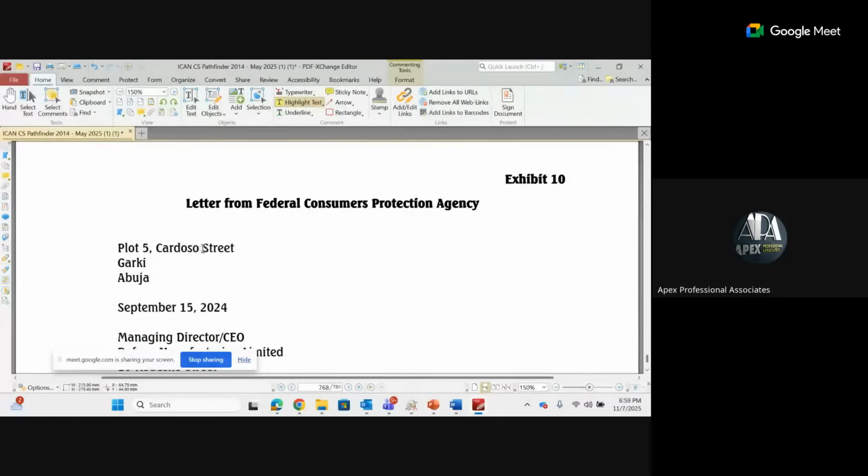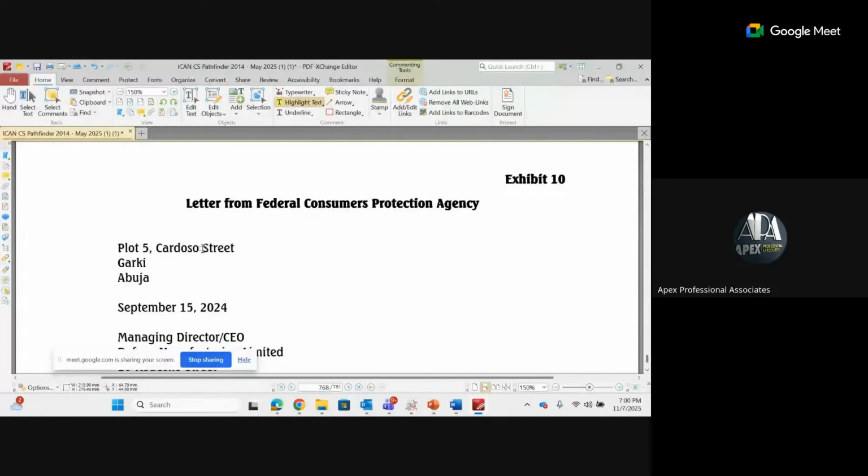As we have NAFDAC, making sure that we consume good products, we have these guys as well that make sure that consumers are protected and fairly treated in terms of pricing and the products that we use. If there are any complaints, these guys will come into action to make sure that any consumer is fairly treated.